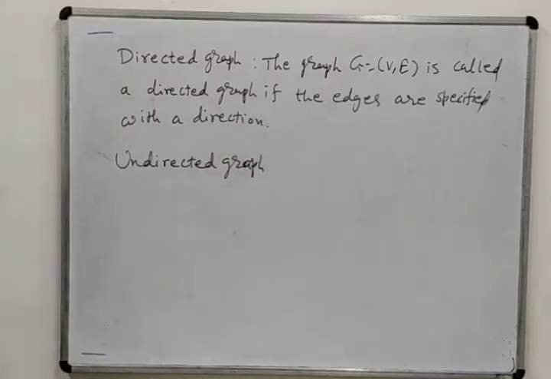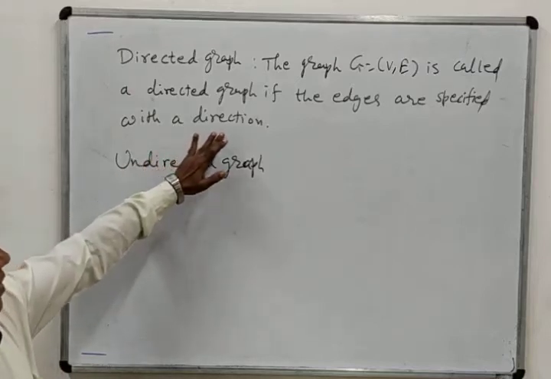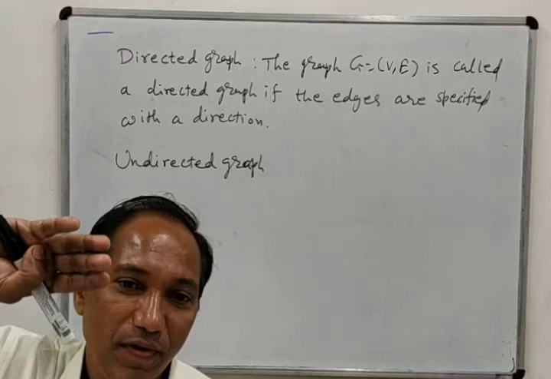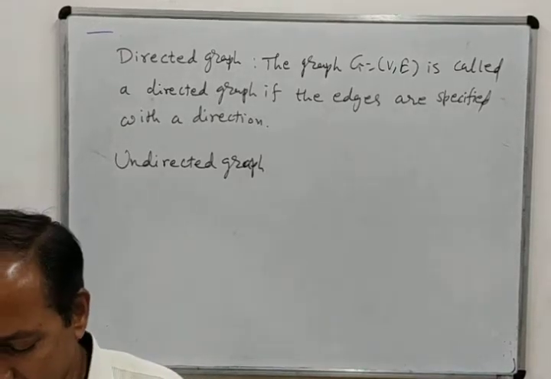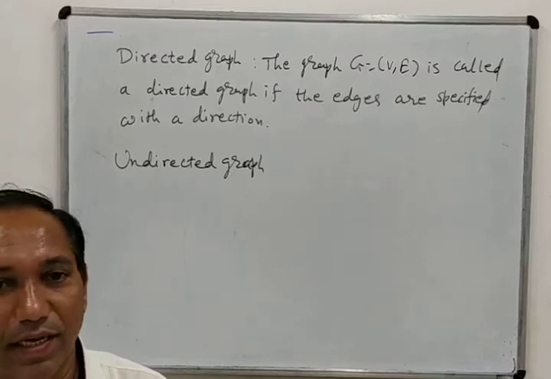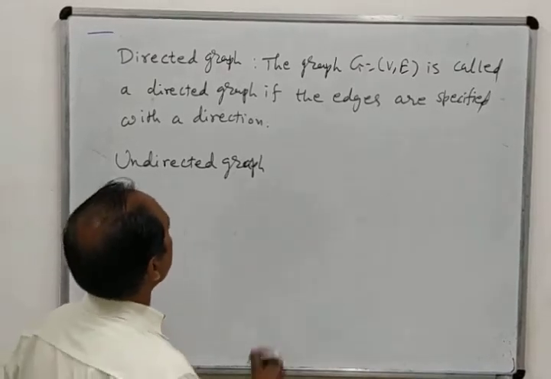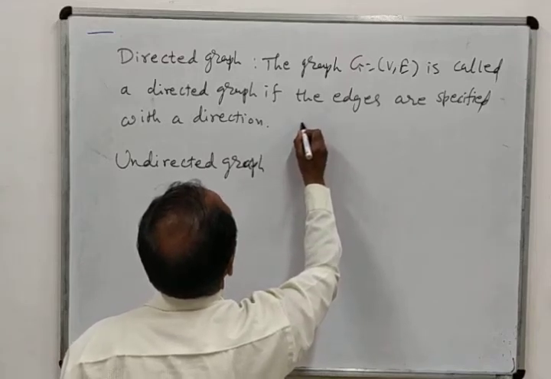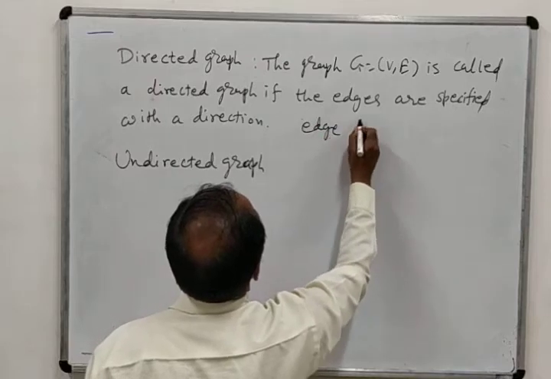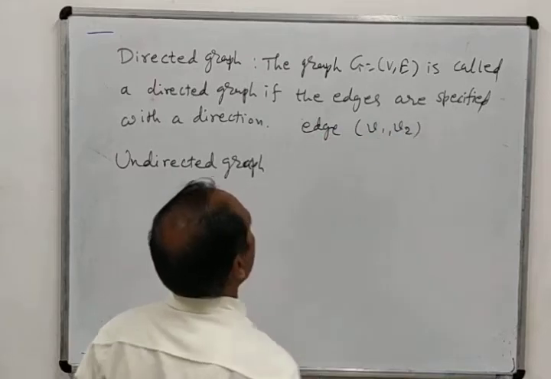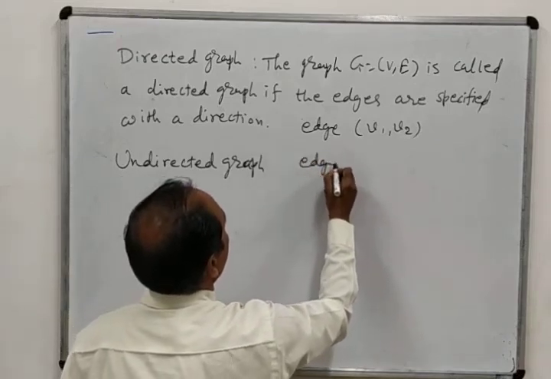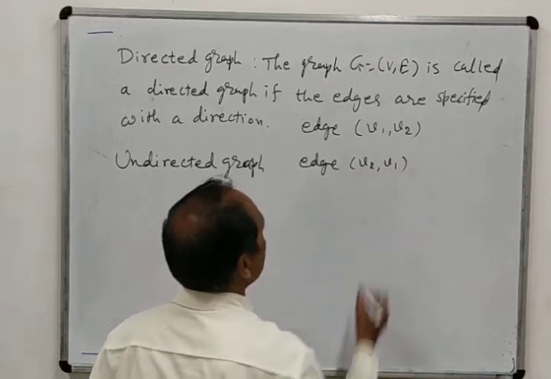So here you must have observed that a graph in which the edges are drawn in some particular direction. That means if the edges have been given a particular direction, then we will call such a graph a directed graph. If we consider the edge (v1, v2), then the edge (v2, v1) is different.